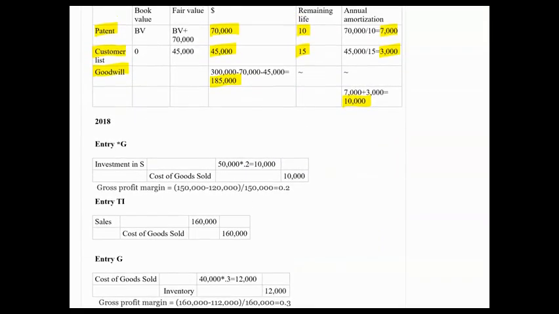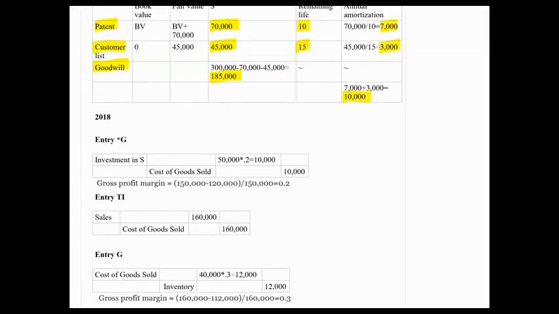Alright, so first let's prepare the consolidation entries related to the intra-entity inventory transfer. Because this is 2018's entry, first let's prepare the entry *G. This is related to the prior period deferred profit, so we need to recognize those deferred profits from the inventory that was retained last year.